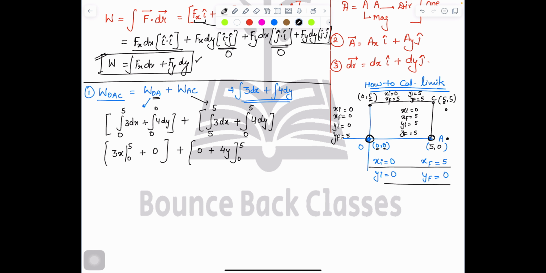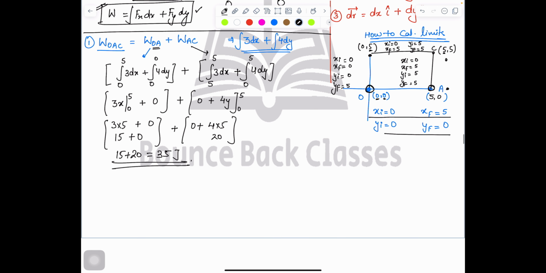Solve them. 3 multiply 5, you will get 15 plus 0, plus 0 plus 4 multiply 5, which gives you 20. So 15 plus 20, the result is 35 joule. Clear? This is your first work done, WOAC.